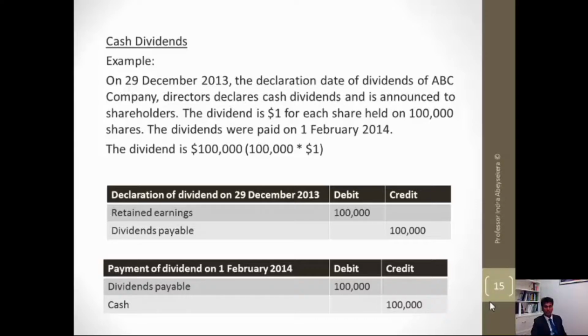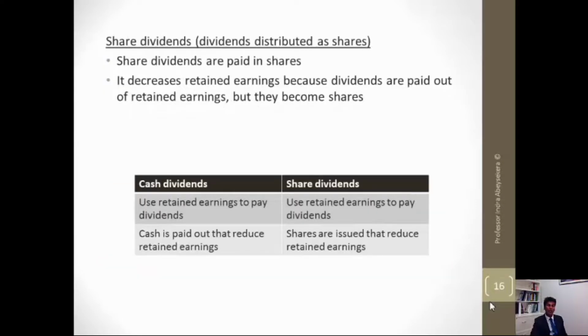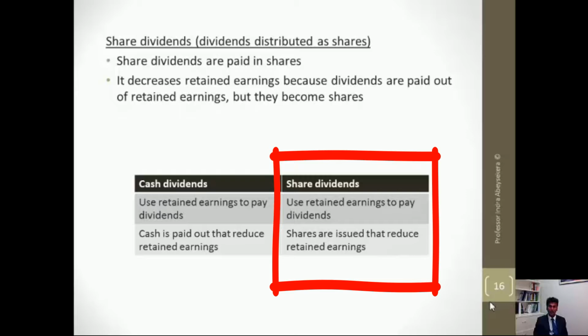So that's cash dividends. There is also another type of dividends called share dividends. Share dividends are paid in shares.